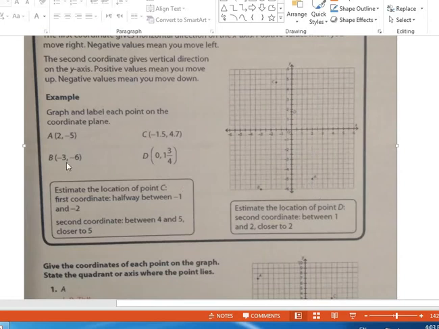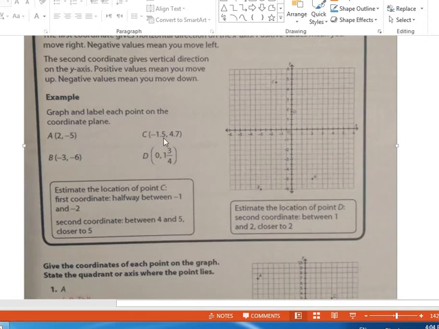Okay, then B, -3 and -6. Where is -3 on the x-axis? This is -3 and -6. So will I go up or down? Sure, down until I reach -6 here. So I'll put the point here.